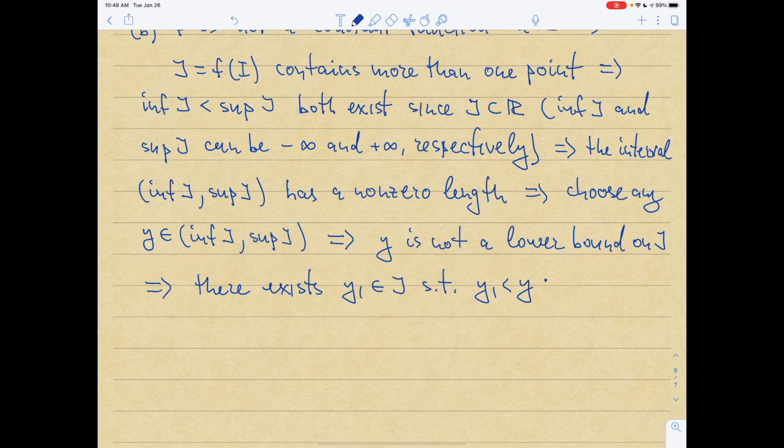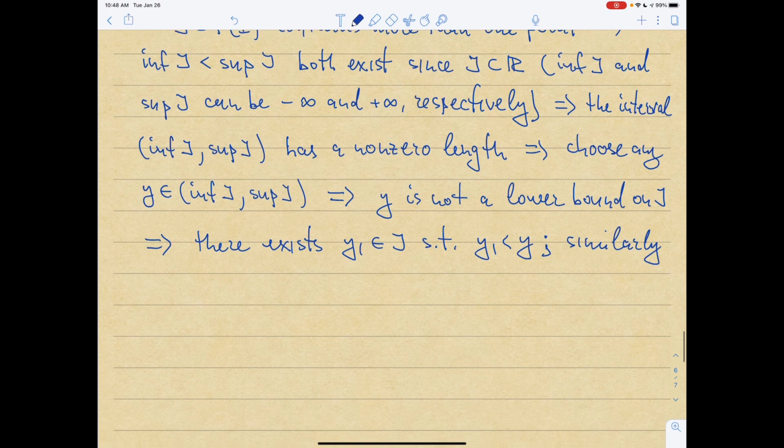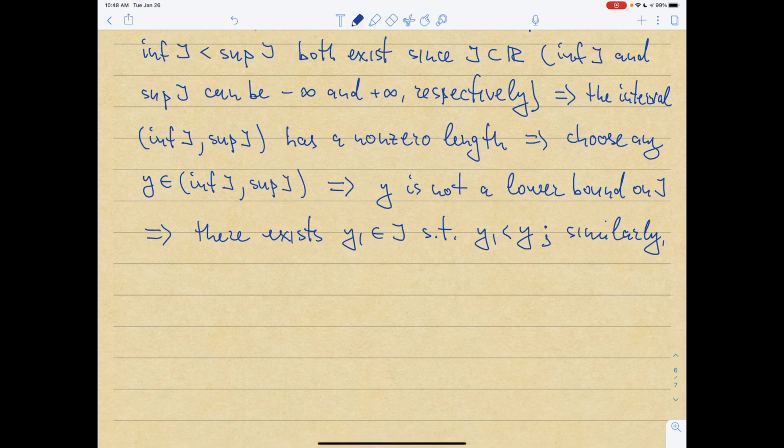And similarly, by working with the supremum, there should exist a y2 in J such that y2 is greater than y, right?